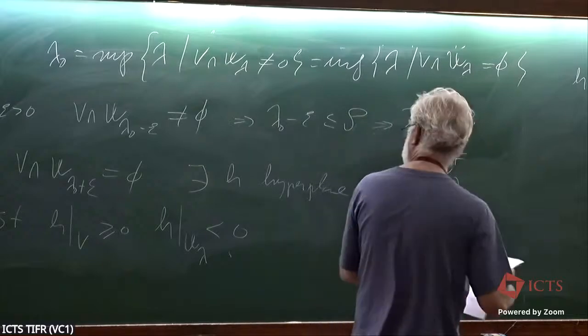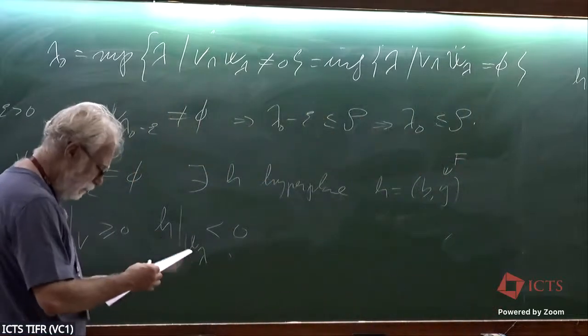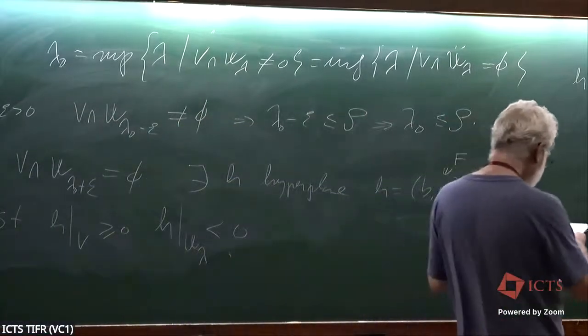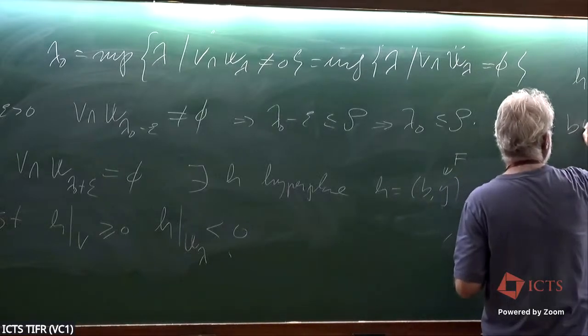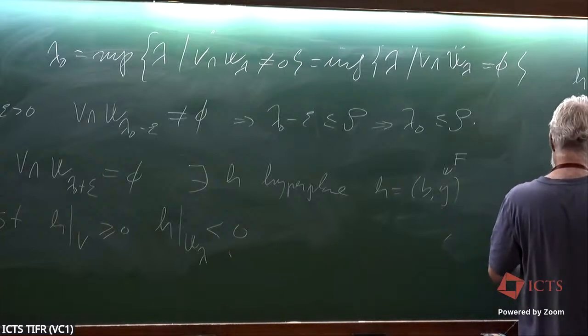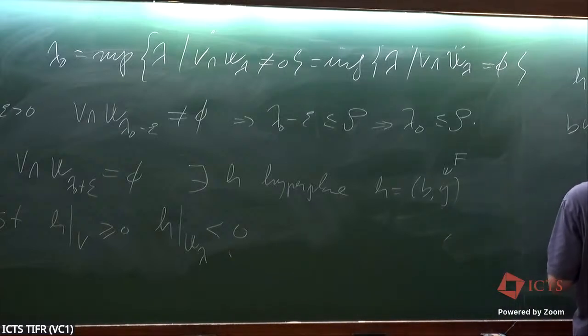Now, what are these two conditions? Maybe we can write this down. These two conditions tell me the following: if I look at B u of x plus A of x y, this has to be bigger than 0 for all x inside sigma.